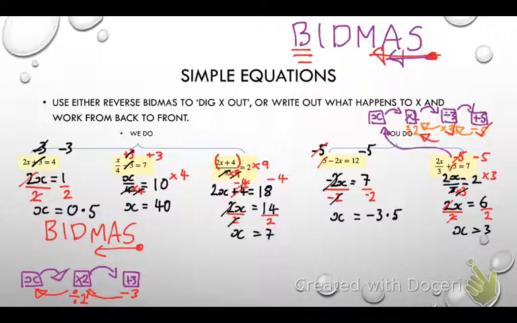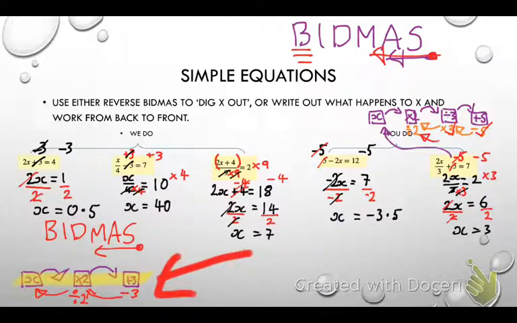So hopefully that's reasonably straightforward for us. Don't forget, check on what the success criteria stated, and if we've covered it there. Hopefully you've understood it. If not, go back over the video again. Like I said, if you're comfortable with this, you may not need to do the boxes, so writing out what's happening to x in order, as I've got down the bottom here.